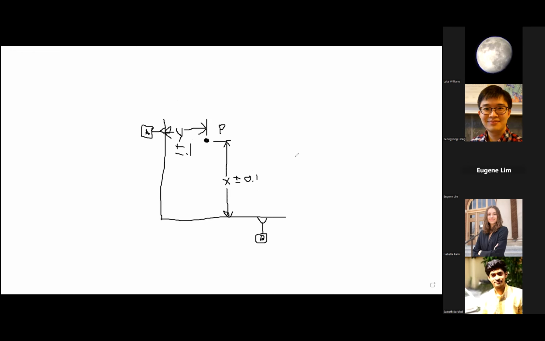Now, here's the main deal with just using tolerancing. Consider for a second that we've got our point P floating in space.